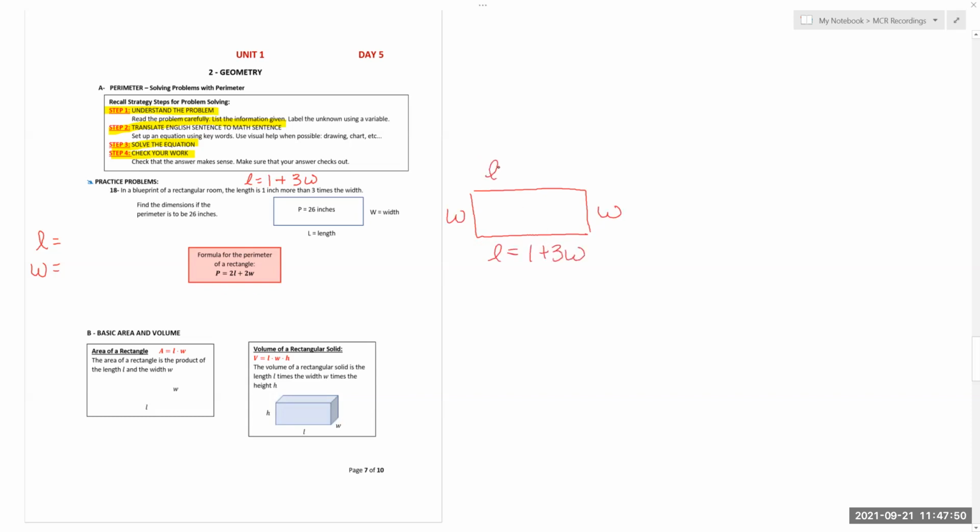Why am I doing it that way? Because I need to be able to put this in one equation with only one variable. So the perimeter is double the length, double the width. It's 26. The length is 1 plus 3 width, and the width just is what it is. So now we can solve for W.